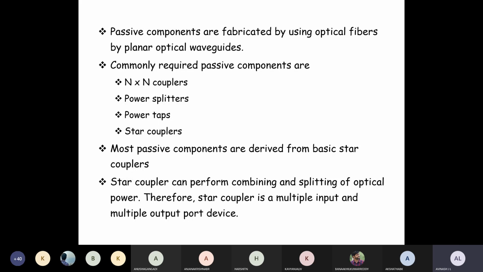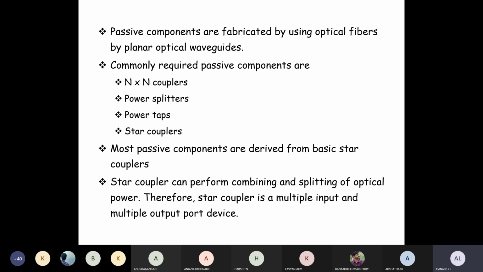Now, why we require passive components, and when we require them, what are the majority of things we use with respect to passive components? They are N cross N couplers, power splitters, power taps, and star couplers.